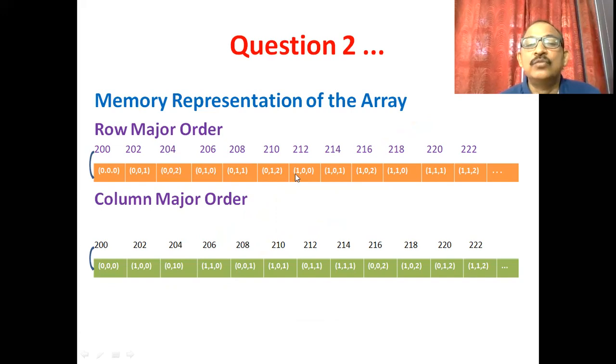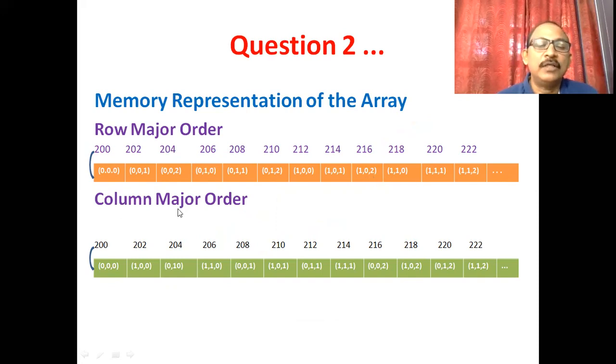Next is 1, 0, 0: row is 1, column is 0 and page is 0. Then row is 1, column is 0 and page is 1. Row is 1, column is 0 and page is 2, and so on.